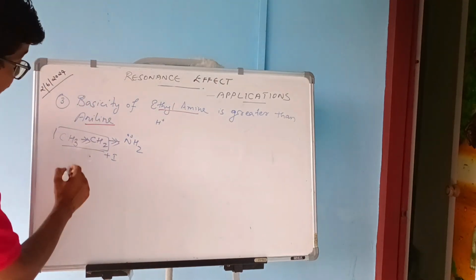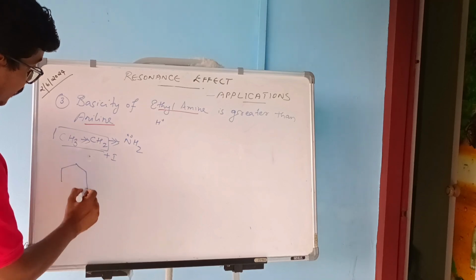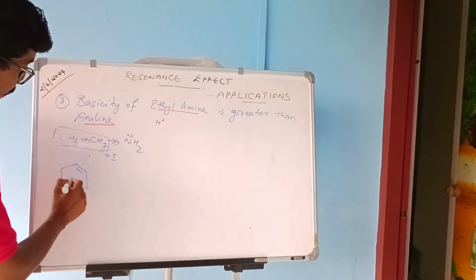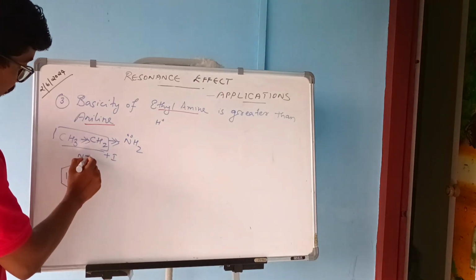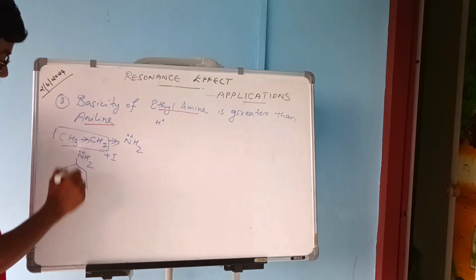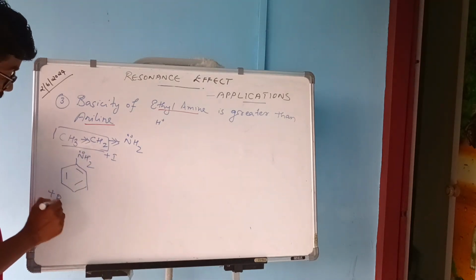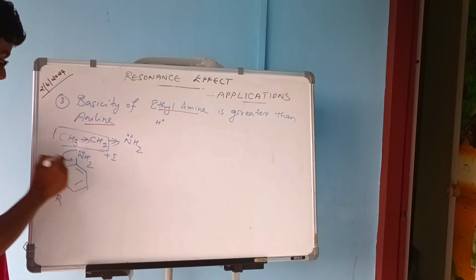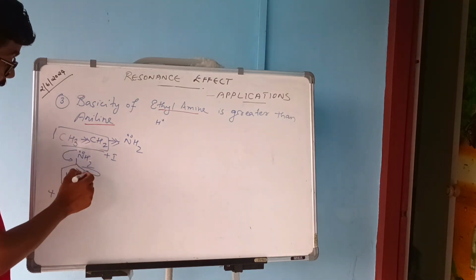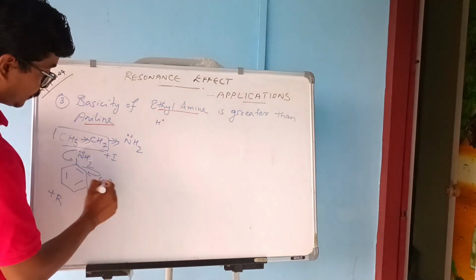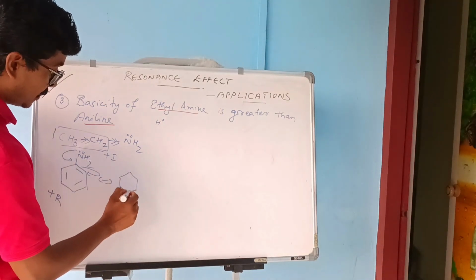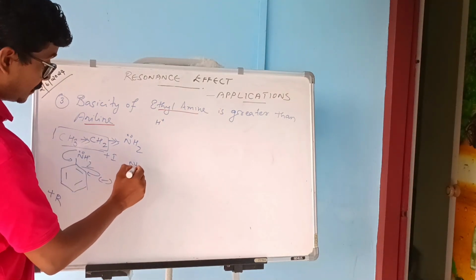When we consider aniline, due to the plus R effect, this lone pair comes here and takes part in the resonance. This comes here. As a result, resonance will occur.